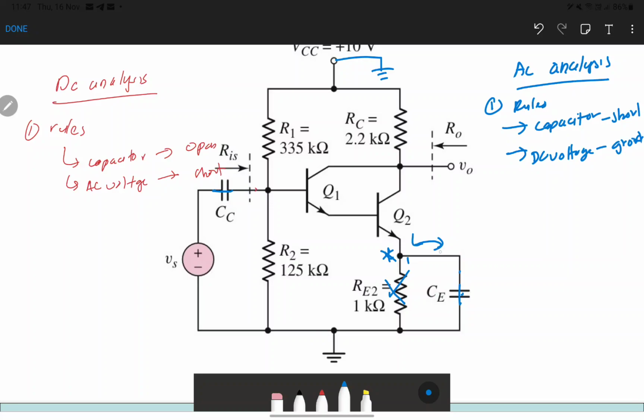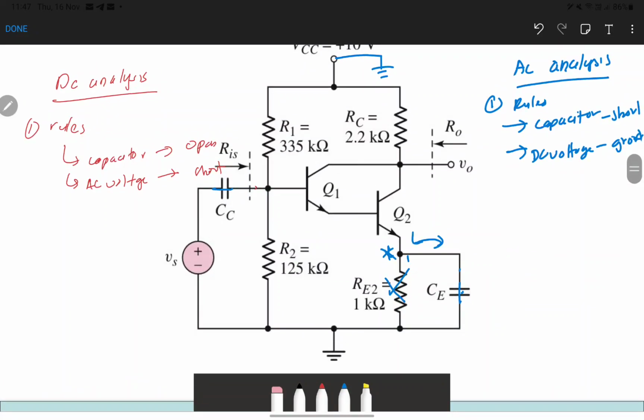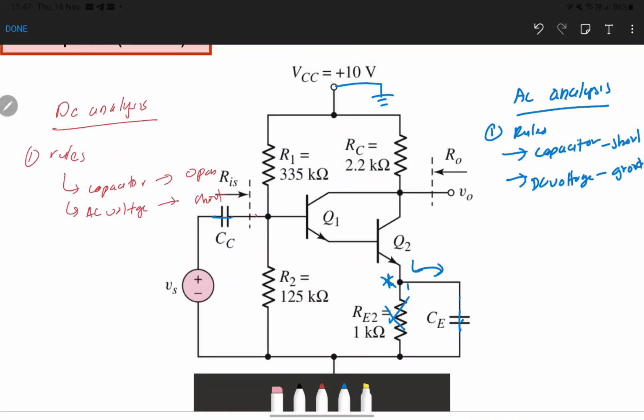Okay, from this you need to transform into the simplest circuit. You can assume that transistor 1 is connected to transistor 2, and then the base is connected to R2 connected with R1. Both are connected to the ground, and then this is connected to our source.